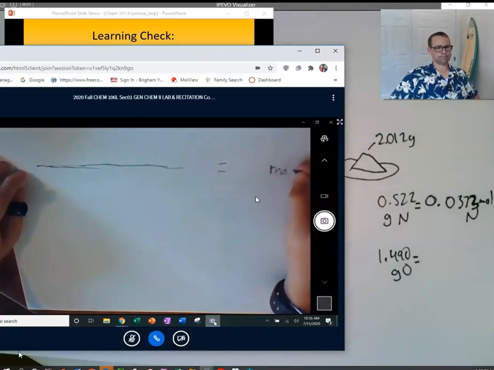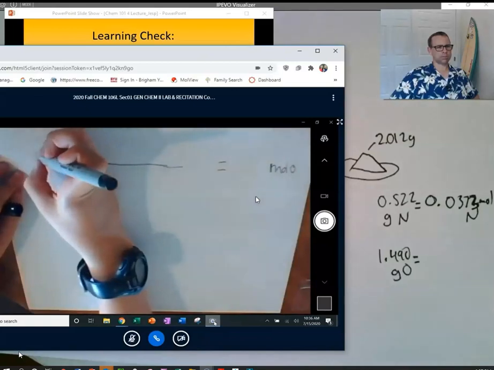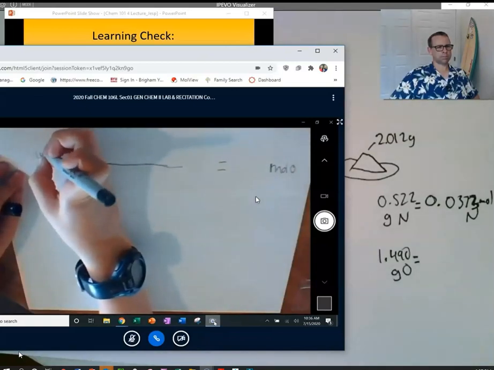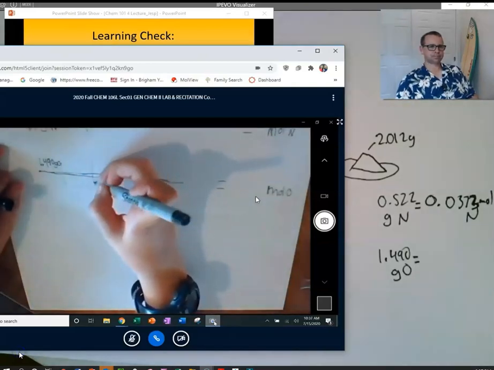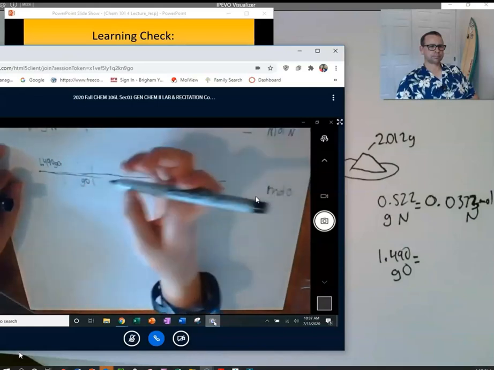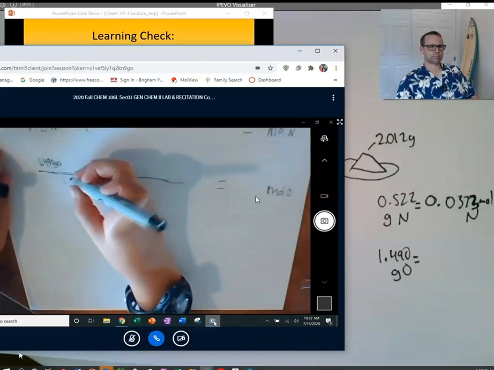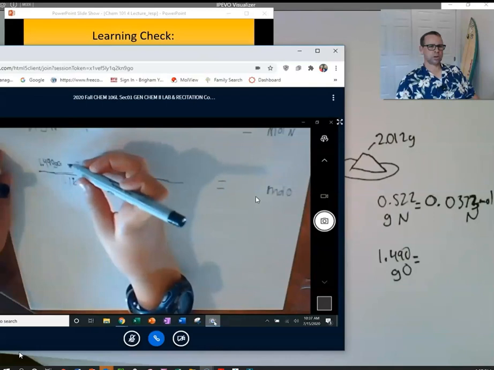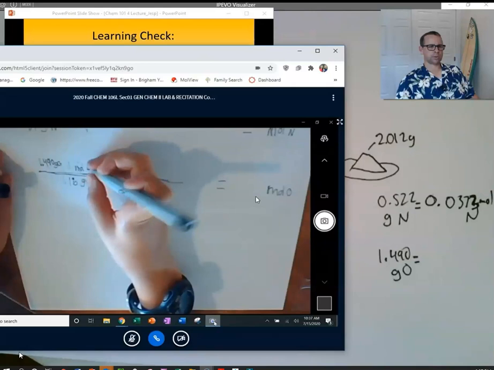What do we want over there? We want moles of oxygen. Very good. And what do we start off with? 1.490 grams of oxygen. Okay, good. Now we got to go from grams to what? Okay, grams of oxygen on the bottom. 16. Yeah, very good. 16 grams for every 1 mole of oxygen.